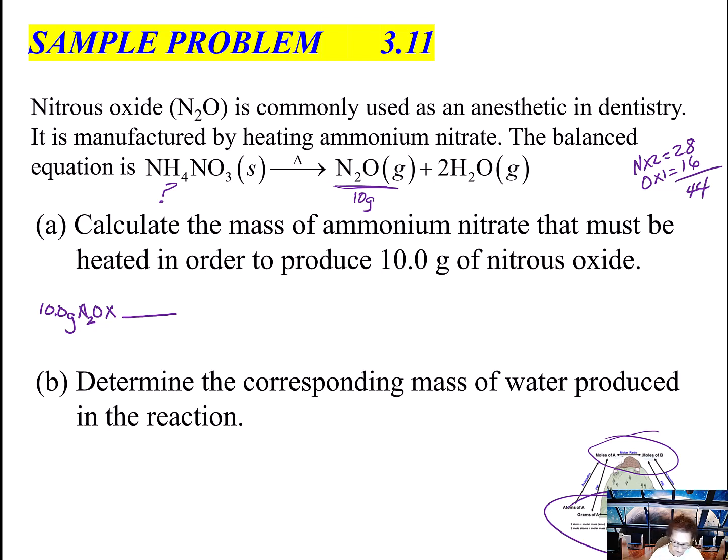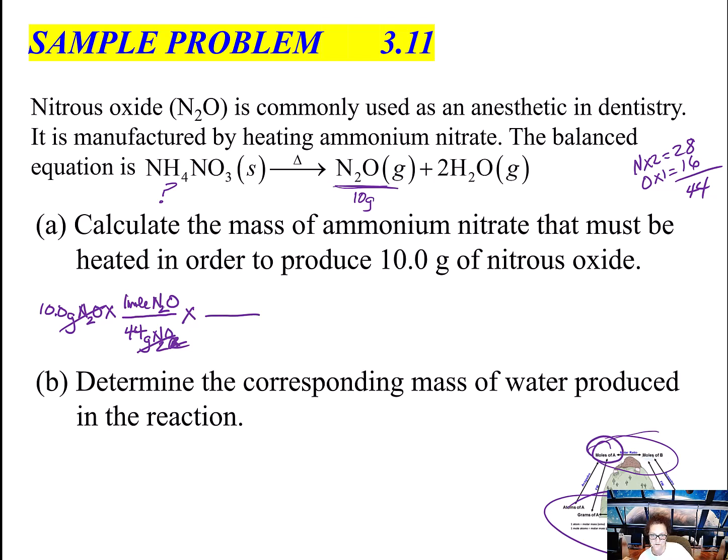So there are 44, and you've got to go down below because you're going to have to get rid of grams of nitrous oxide. So in 1 mole of, sorry, it's N2O, not NO2.